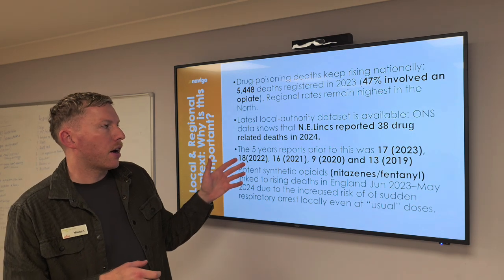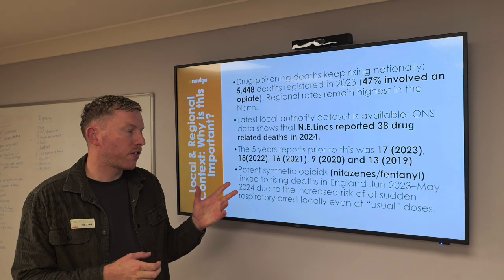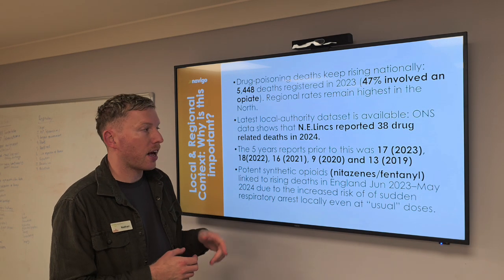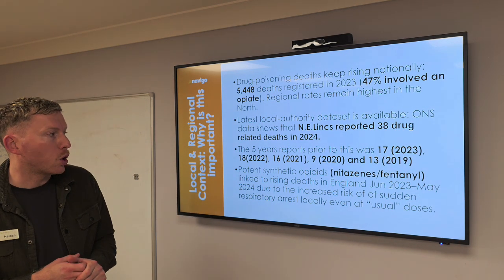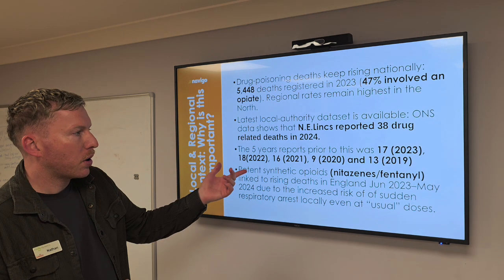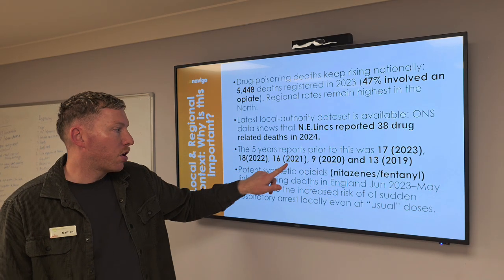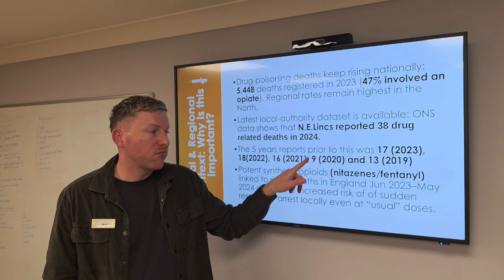But local data, which is available on the Office of National Statistics, show that North East Lincolnshire reported 38 drug deaths in 2024. Before that, our figures were nowhere near that number. In 2023, it was just 17. 2022, 18. 2021, 16. 2020, 9.